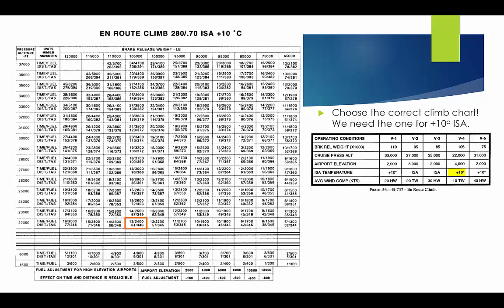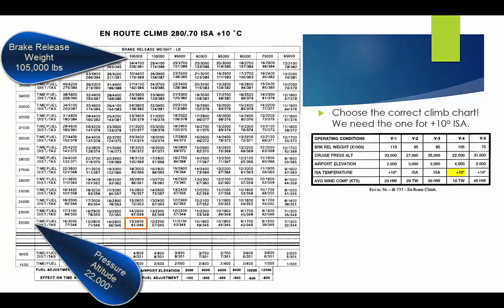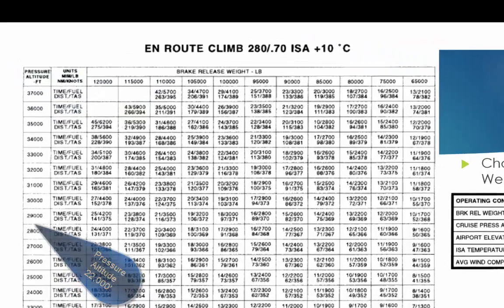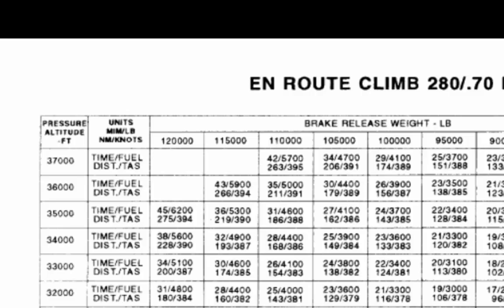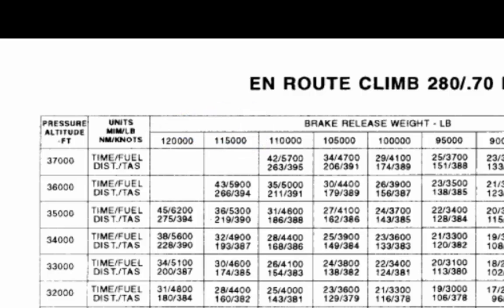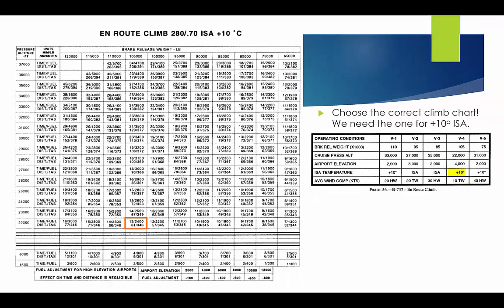We can find the intersection of our brake release weight and our pressure altitude, and we can see here, if we take a look at that top left corner, the units are in minutes, pounds of fuel used, nautical miles climbed, and knots. What we really want to know, remember, we're trying to find the aircraft weight at the top of climb. How would an aircraft lose weight in a climb? Well, the only way is not passengers jumping out, hopefully, but losing the fuel that it's burning as it climbs.